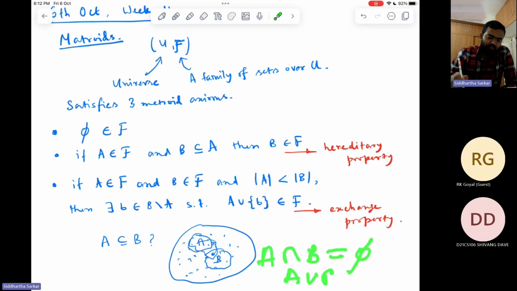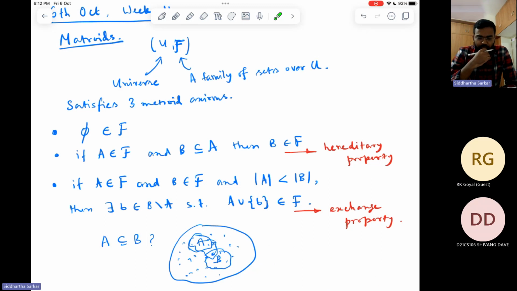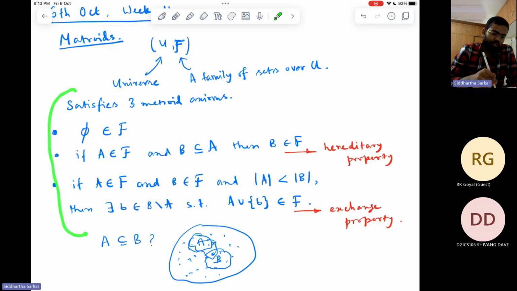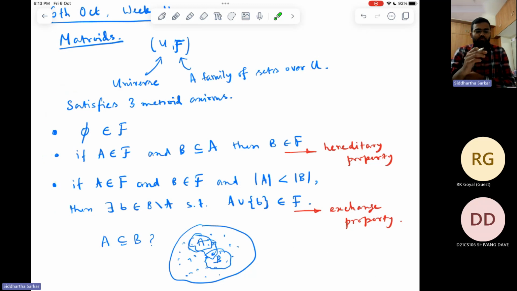I'm not convinced that A union B must be part of the family. That kind of thing may not happen. I think we'll be able to answer this question once we progress in this session and look at some examples. For now, we have defined what a matroid is, and on what grounds we are going to call a set system a matroid.